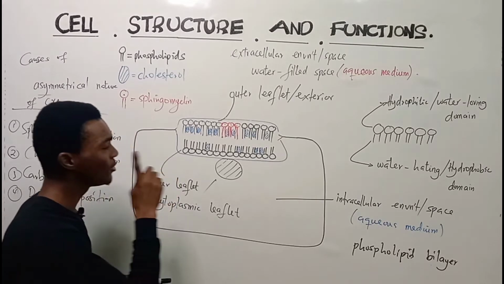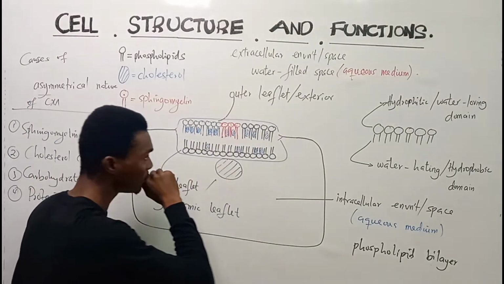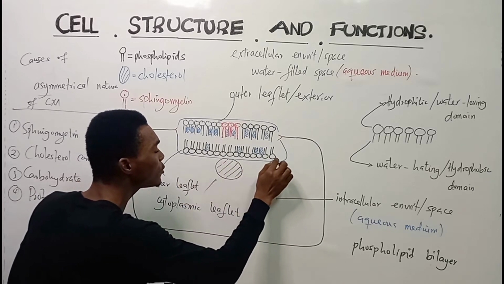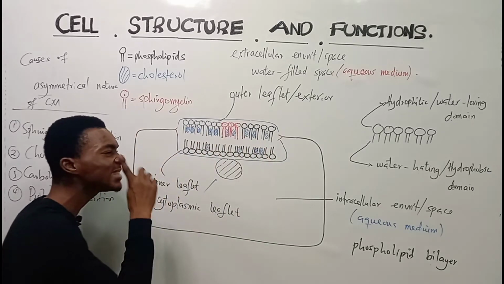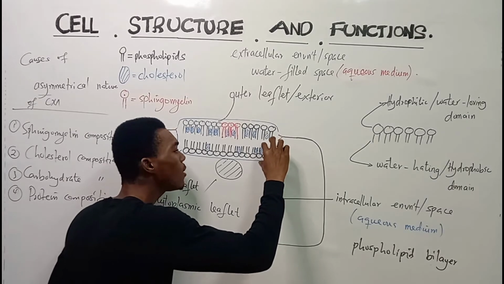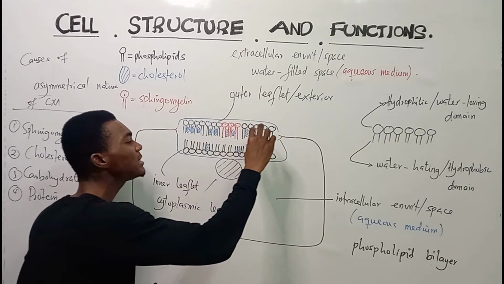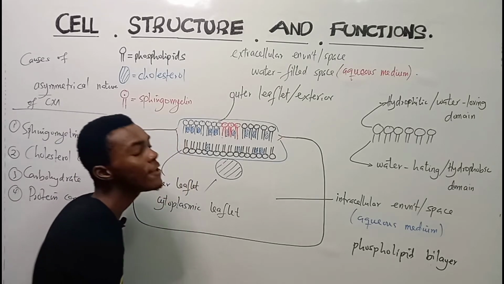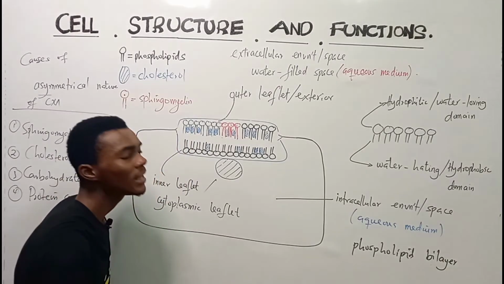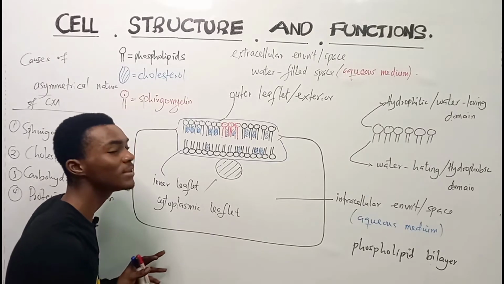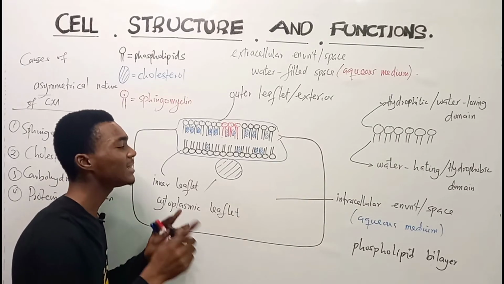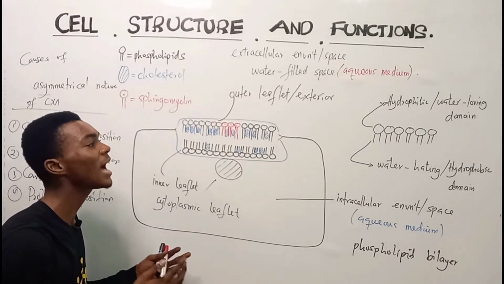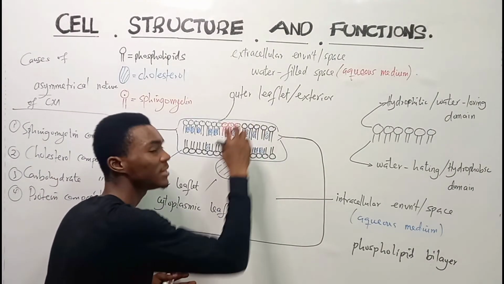Although in our illustration we are using black marker to represent all our phospholipid structures, it is looking as if the phospholipid types found in the inner leaflet are the ones found in the outer leaflet. I must tell you that, in fact, there is a big no. There are different types of phospholipids in the cell membrane. For that matter, the types of phospholipids found in the inner leaflet are different from the types that you can see in the outer leaflet.